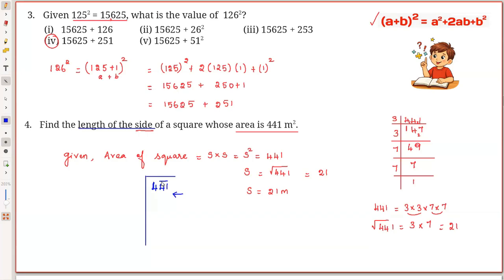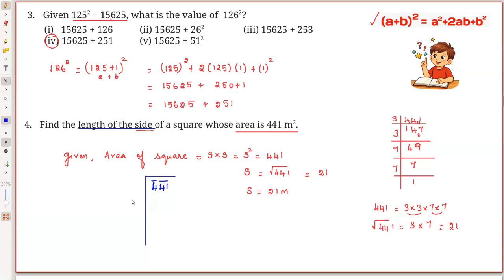Here 2 digits, here we have only 1 digit, so just place the bar over 1 digit. If we have 2 digits, we place the bar over two digits. Next, this is not like normal division, so you have to use only square numbers, since we are using long division for finding the square root.